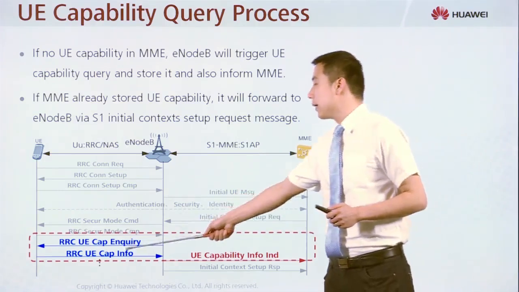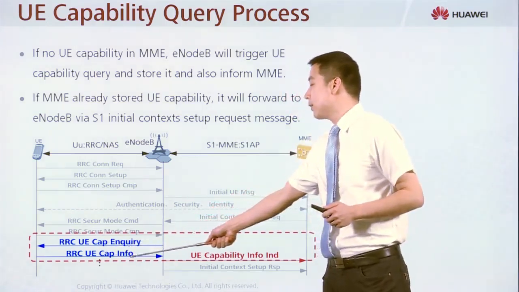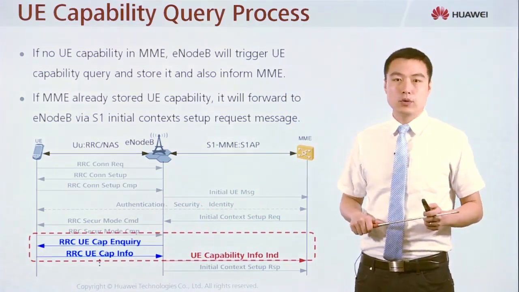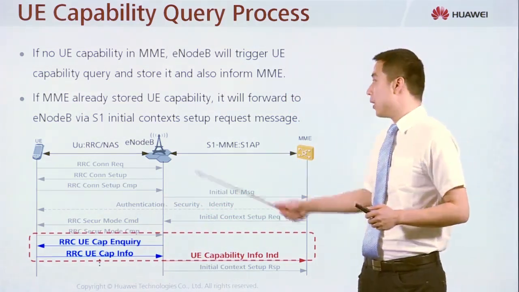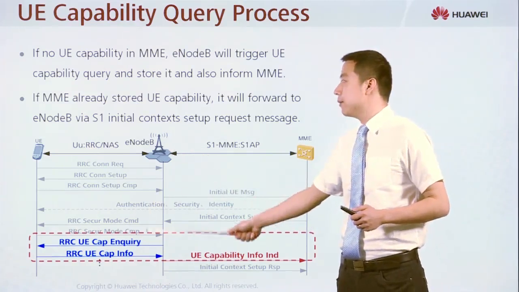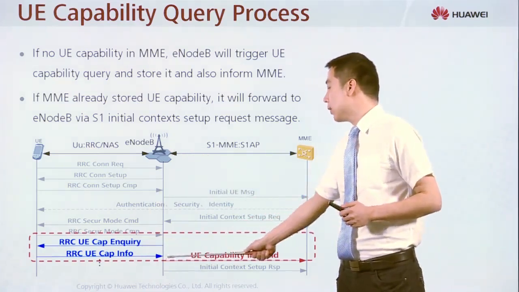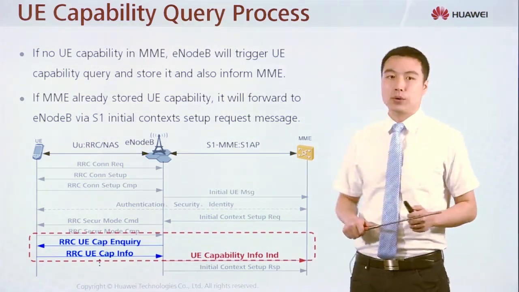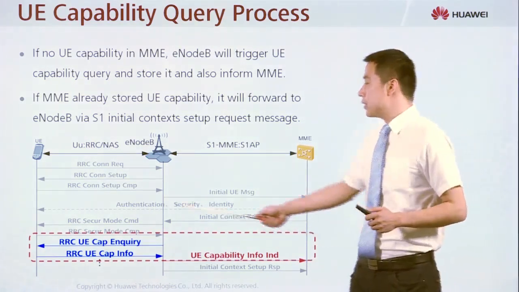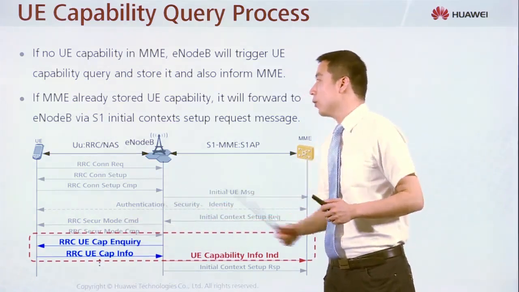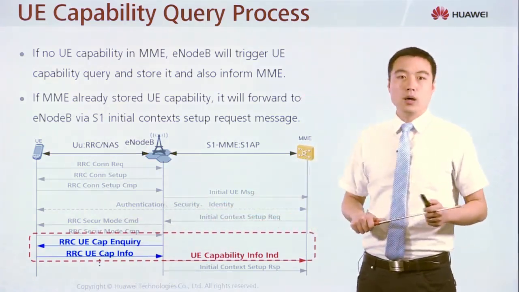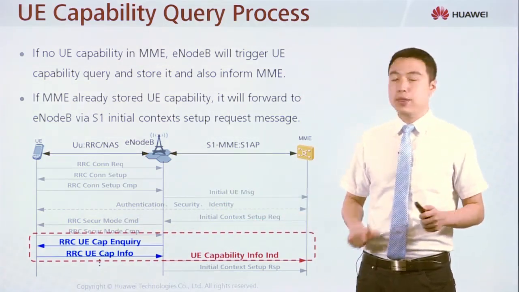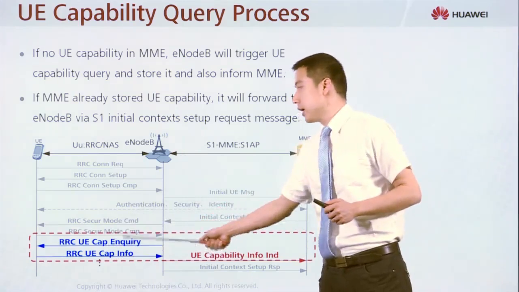The UE will reply with RRC UE capability information to the eNode B. After the eNode B gets the capability information of the UE, the eNode B will send the UE capability info indication to the core network. This procedure is optional. Once the core network tells the eNode B the capability of the UE, then we won't see these procedures anymore.